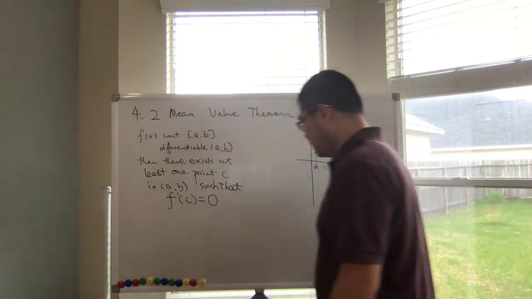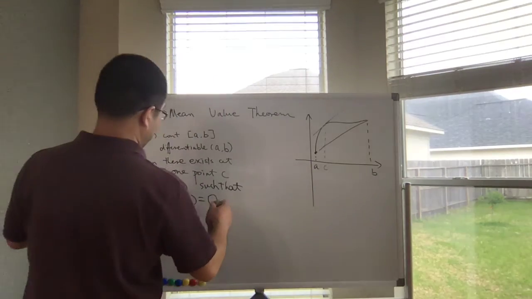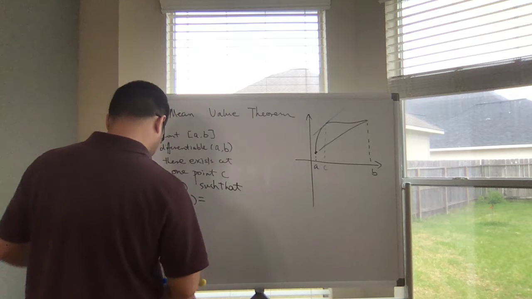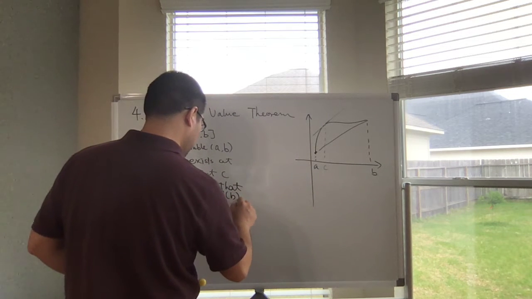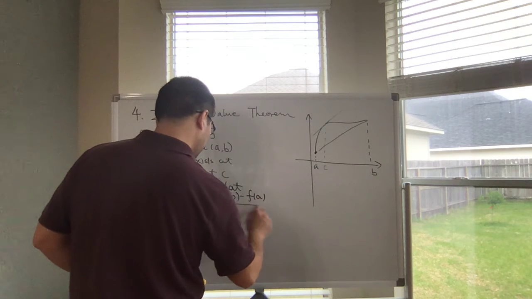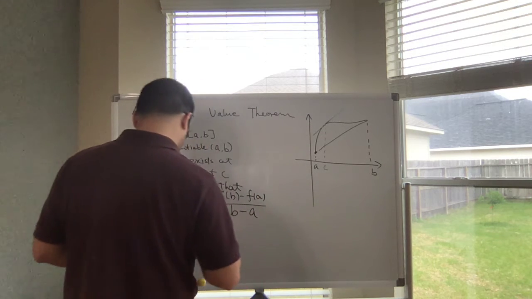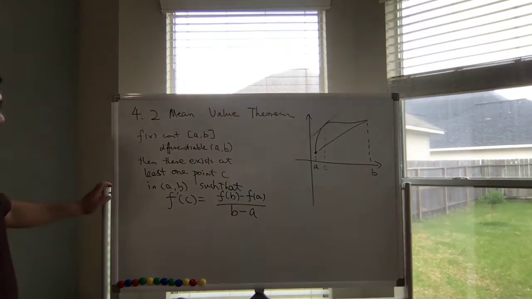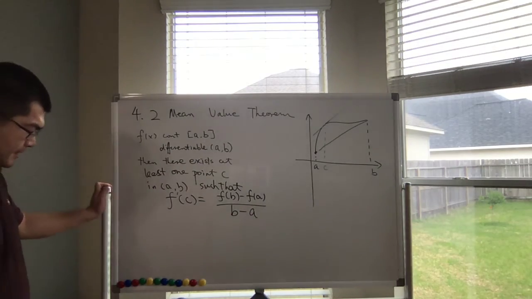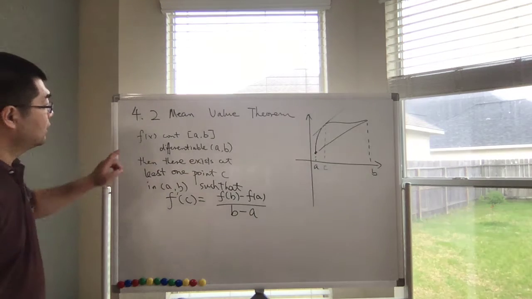That's the main idea. Okay, so I think I missed this here. So just (f(b) minus f(a)) over (b minus a). Okay, so let's look at the formal definition. The formal mean value theorem.